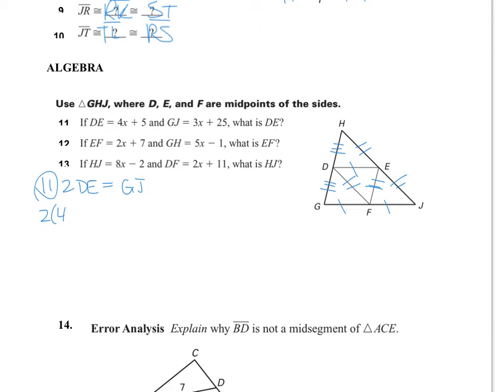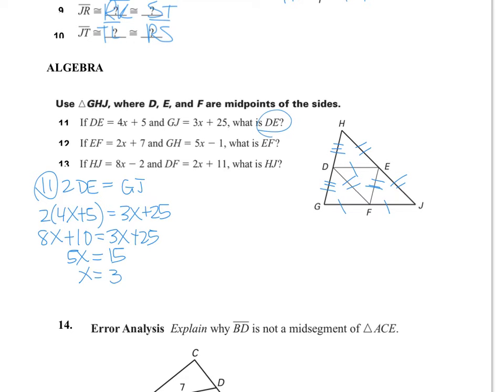So 2 times (4x plus 5) equals 3x plus 25. Solve. And it's asking for DE.